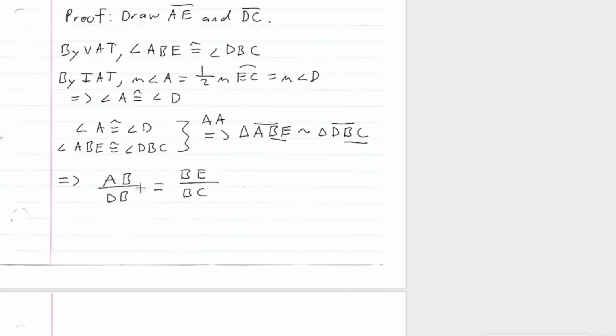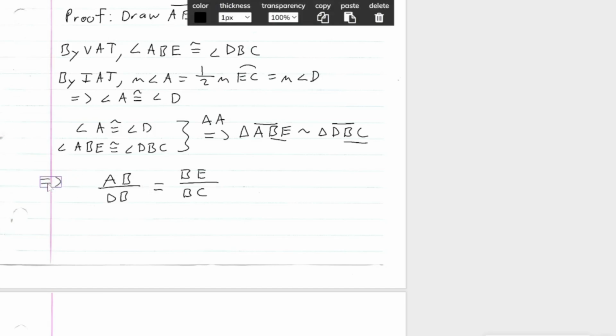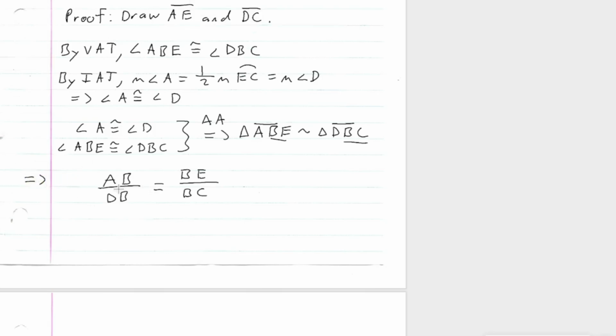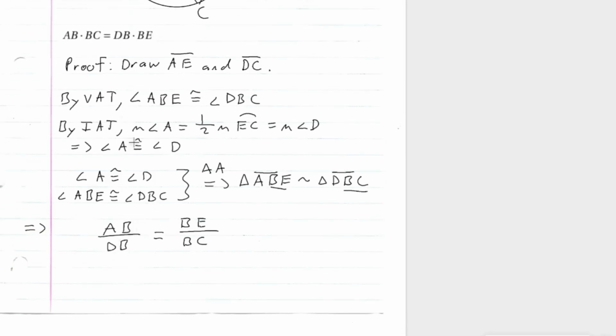Now, from here, what we can do, let me go ahead and scoot this imply sign. So what we can do here is we can multiply both sides by DB times BC, right? So look at that up there. So if we multiply both sides by DB times BC, right?